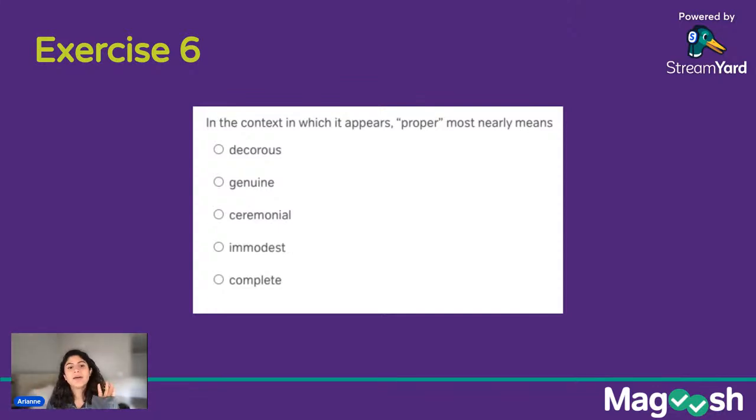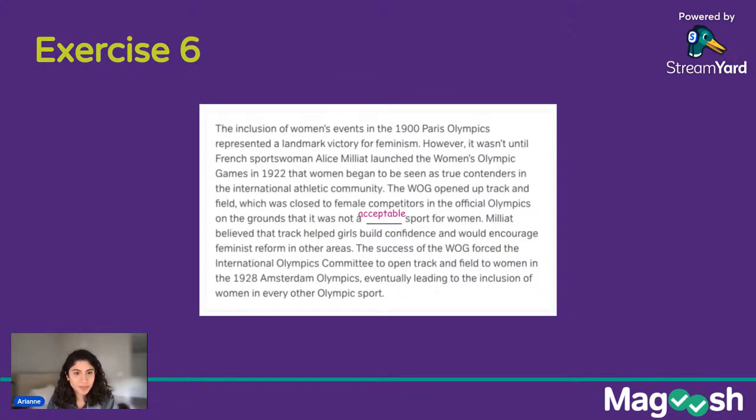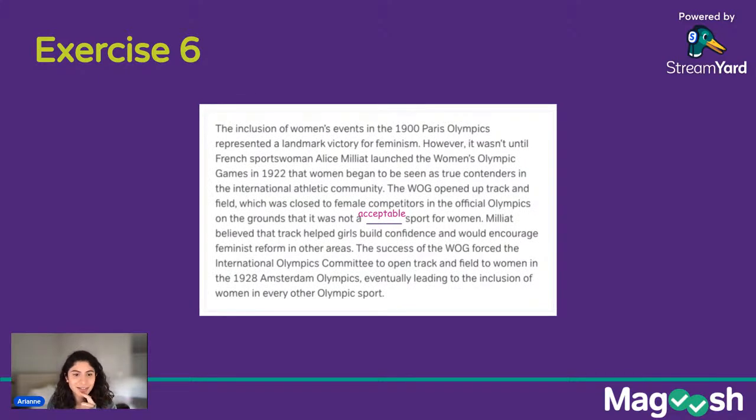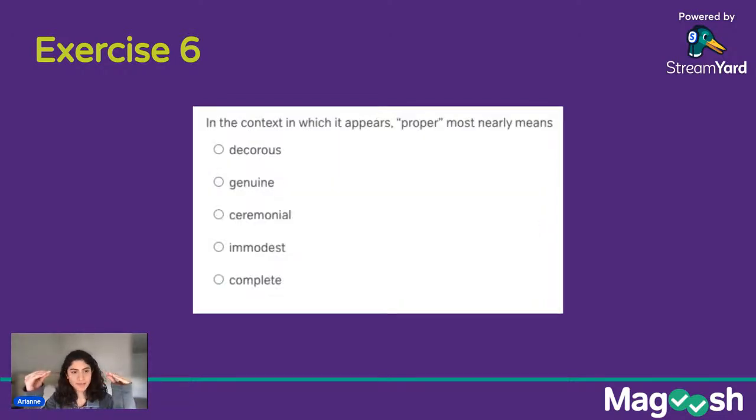We're trying to match it to the blank itself. So because we have a not right in front of that word, immodest will not fit. If the not wasn't there, excuse the redundancy, immodest could fit. But because we're matching to the word acceptable, immodest and acceptable are not synonyms. So we scrap that out.